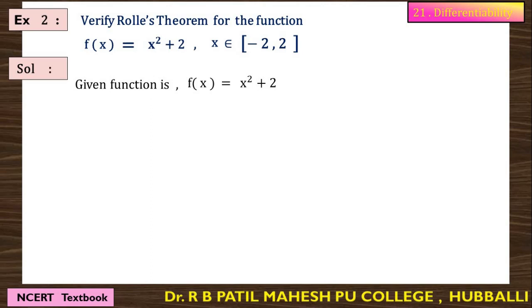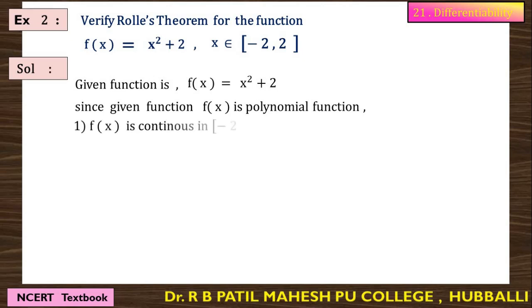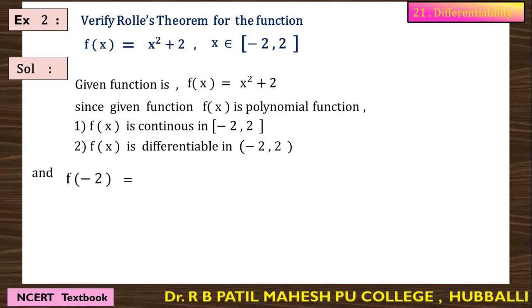Now x square plus 2 is also a polynomial function, so you write that since the given f of x is a polynomial function, the first point is f of x is continuous in the closed interval minus 2 comma 2, and the second point is f of x is differentiable in the open interval minus 2 comma 2, and find the function values. F of minus 2 is equal to minus 2 square plus 2, so it becomes 4 plus 2, that is f of minus 2 value is 6.